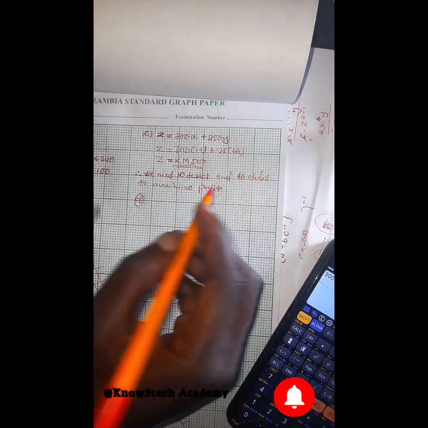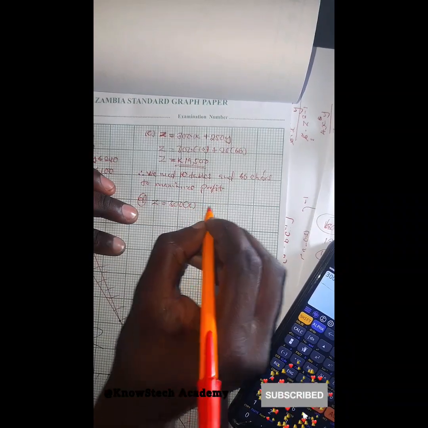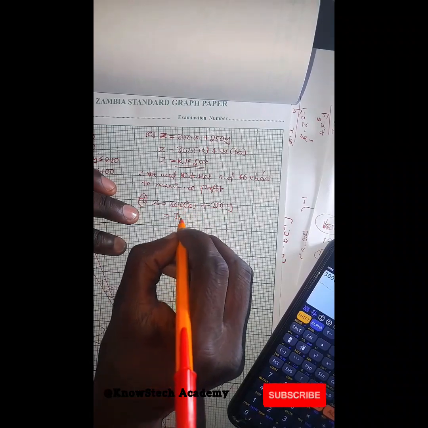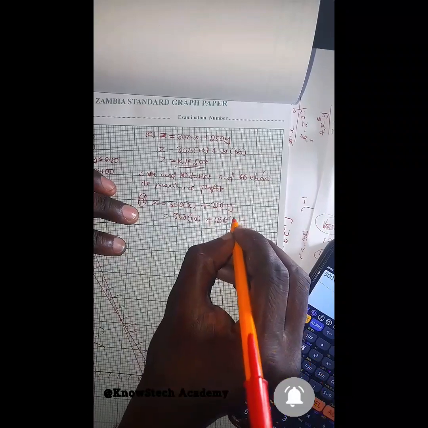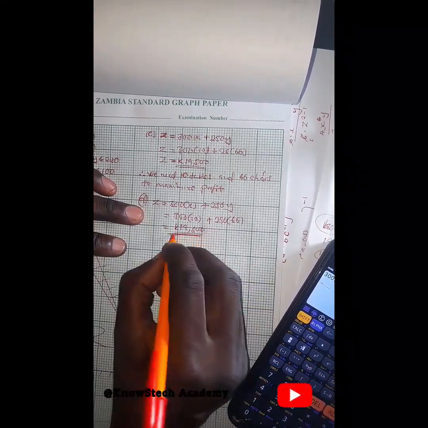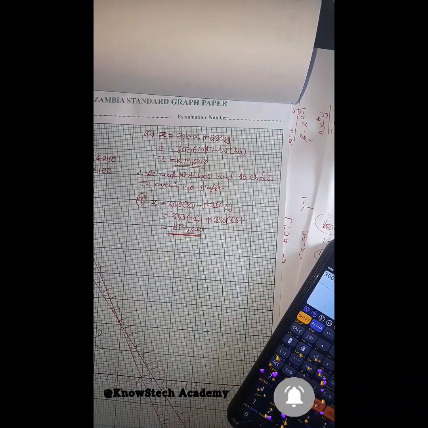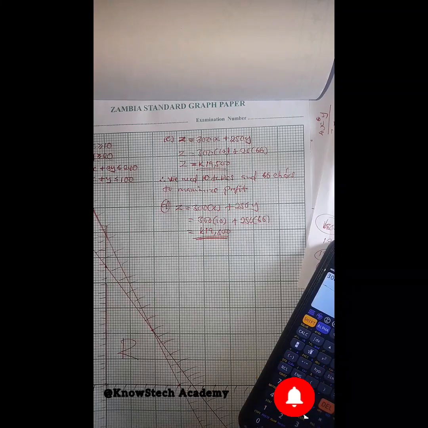Just copy this equation, Z is equal to 300x plus 250y. 300 multiplied by 10 plus 250 multiplied by 66, and the answer is 19,500, which is the estimated maximum profit. All right, so we are done solving this question. This question is very simple, just do a lot of practice, and it's very easy.